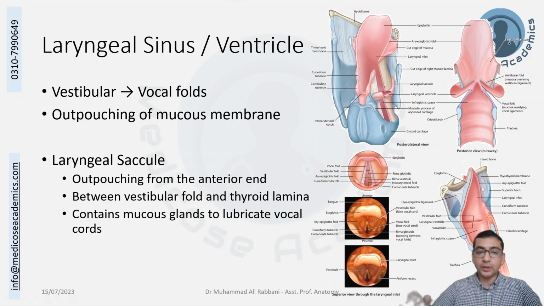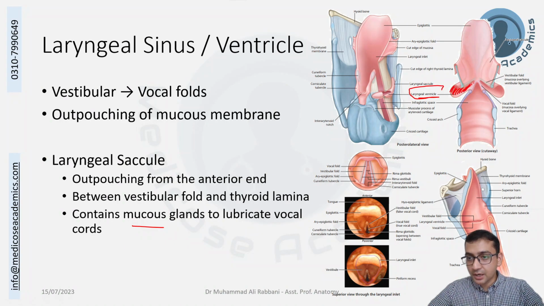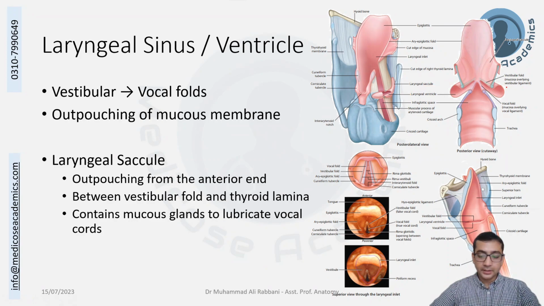It consists of many mucosal glands that produce secretions which trickle down over the vocal cords to the trachea and keep them lubricated. Here the laryngeal ventricle is shown on the coronal section between the two vocal cords, true and false.